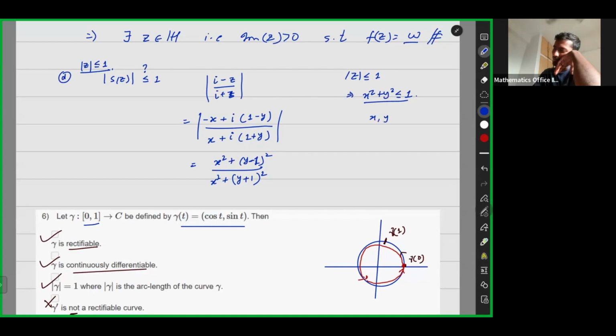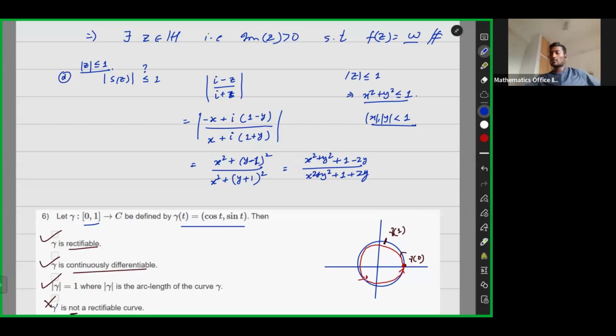And x and y are both less than 1. So just to be clear, the modulus of this: we can write it as x square plus y square plus 1 minus 2y, over x square plus y square plus 1 plus 2y. So it seems when y is negative, there's some problem.